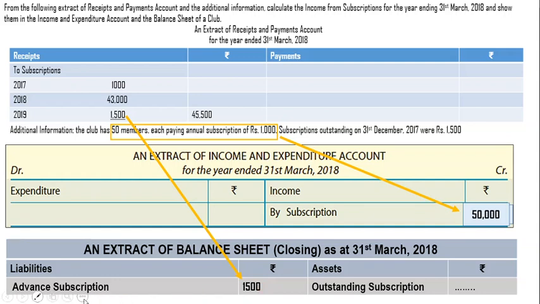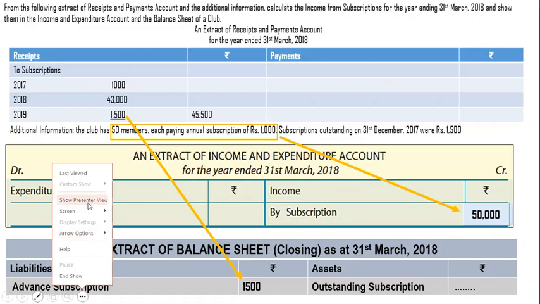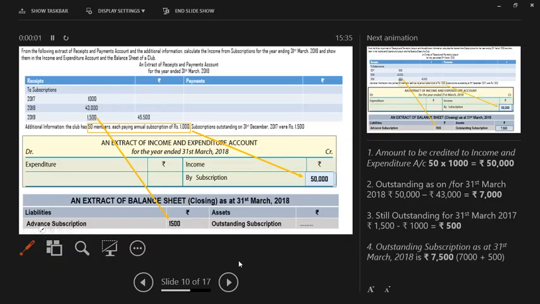And now let's understand how outstanding subscription will be calculated. Well, now here if you can see class, this says that you already calculated that 50,000 is the amount which is supposed to be received by an organization. Now, what amount you have received actually for the year 2018? Only 43,000.